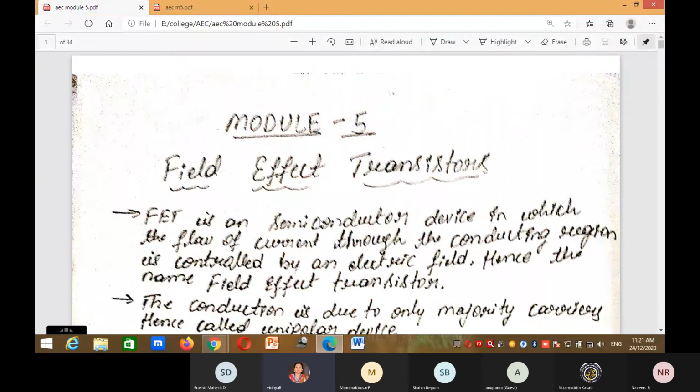The FET is a semiconductor device in which the flow of current through the conducting region is controlled by an electric field. That's why we call it field effect transistor.